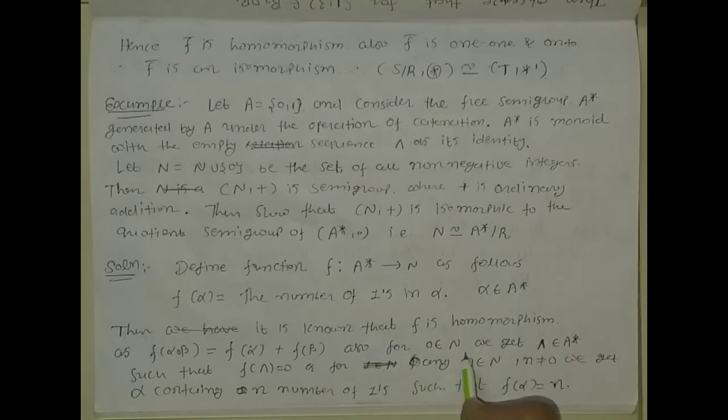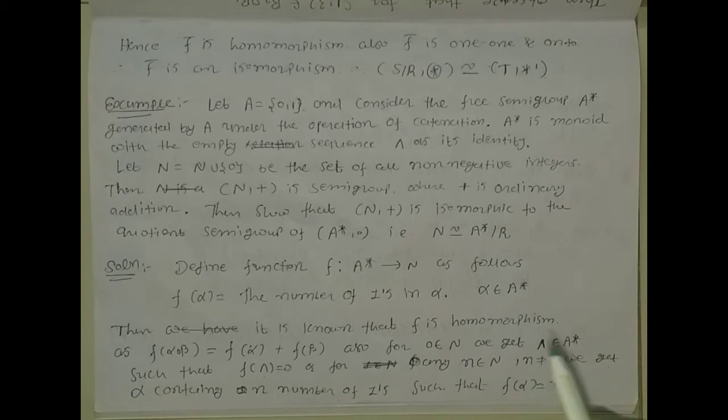Also for 0 belonging to N, we get the empty sequence belonging to A star such that f of the empty sequence, f of capital lambda, is equal to 0, because the empty sequence contains 0 ones. And for any arbitrary non-zero n belonging to N, we get alpha, a finite sequence of elements of A, containing n number of ones.